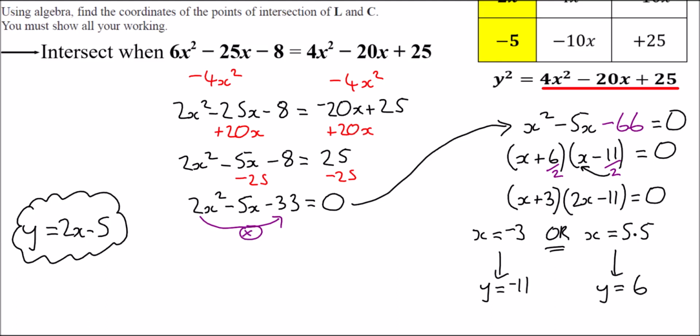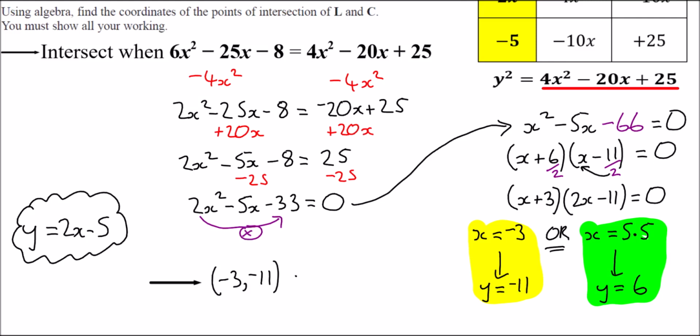So I've now got my coordinate pairs. One pair is minus 3 and minus 11, and the second pair of solutions is x is 5.5 and y is 6. So writing this as coordinates, which is what the question asks us to do, the coordinates of intersection are, from the first one, (minus 3, minus 11), and from the second one, which I've highlighted in green, (5.5, 6).